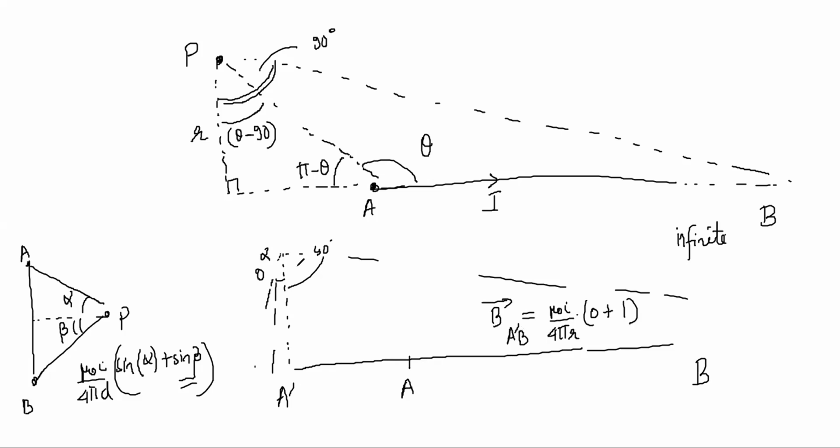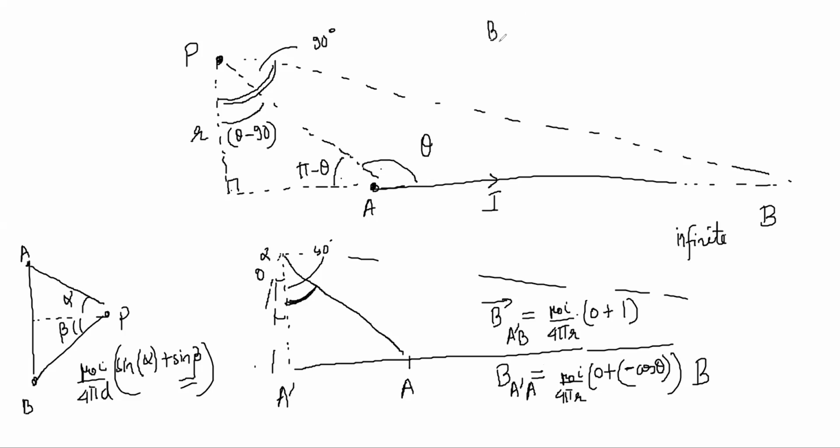Now field due to just A dash will be mu naught I by 4 pi r, 0 plus sine of this angle. Sine of this angle is theta minus 90, so sine of theta minus 90 is minus cos theta. Okay, correct. It is 1 plus cos theta, because A dash A is giving this much field.